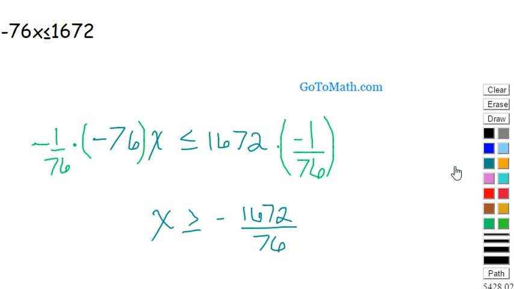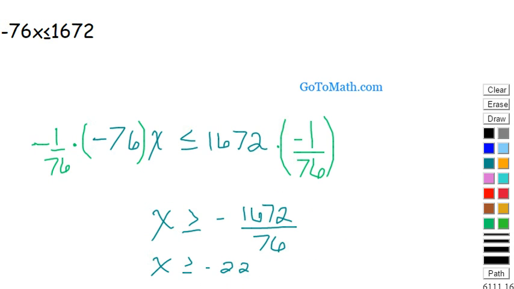I can guarantee you it's going to be an integer. So let's think about what that would simplify down to. Well, let me help you out here: x is greater than or equal to negative 22.